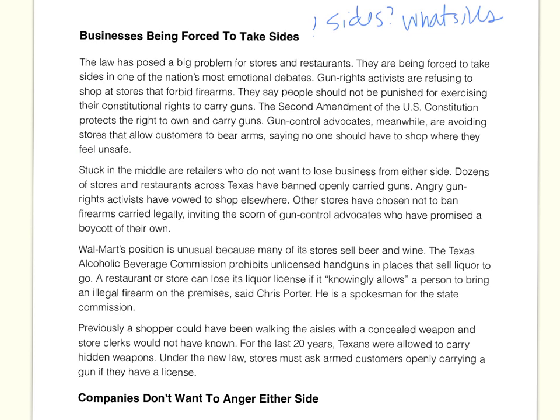I do really agree with the feeling safe. Or agree with not going where you feel unsafe. But are people feeling unsafe just because they see the gun?